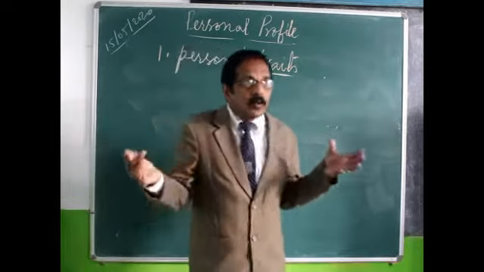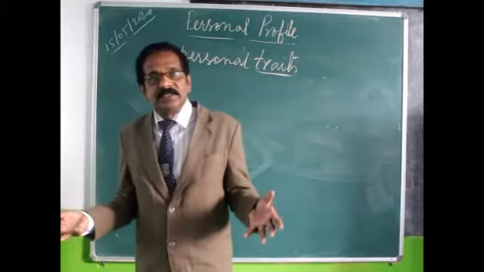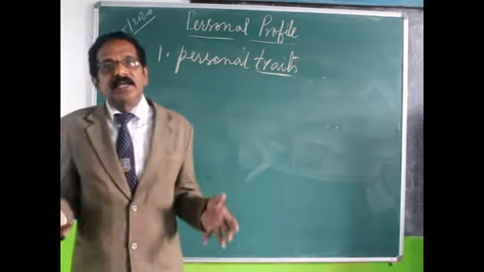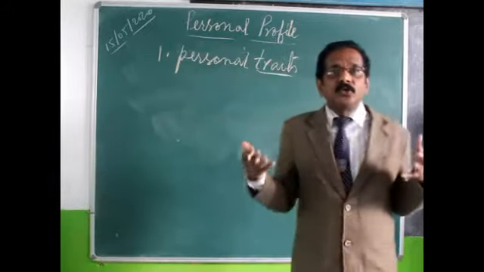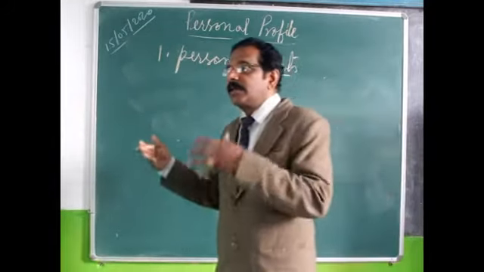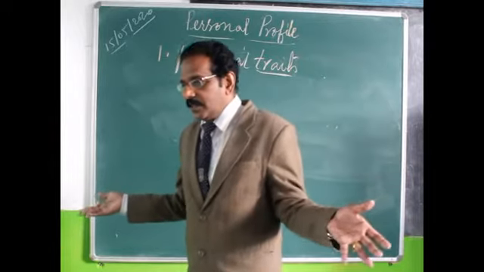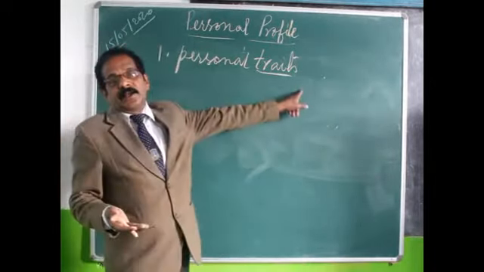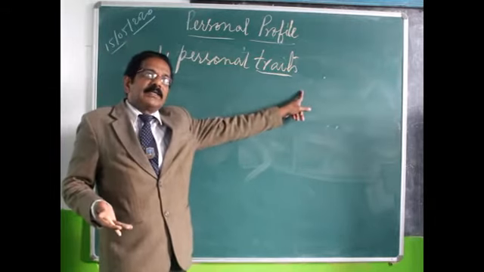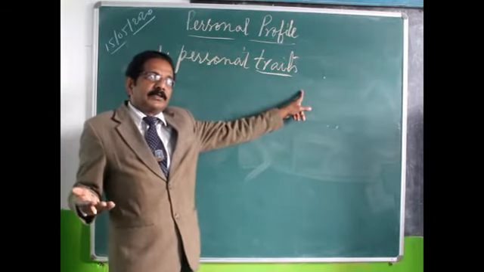Special qualities or characteristics. Because every human being is a unique individual, and therefore you are different from all the others. And so you have your own unique characteristics or traits that you spell out.